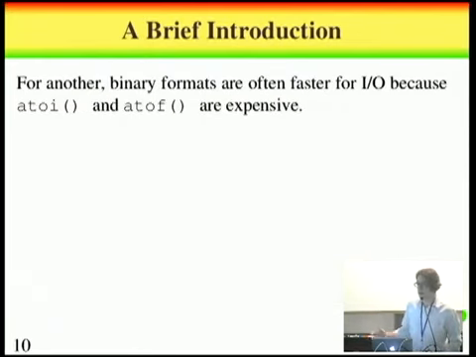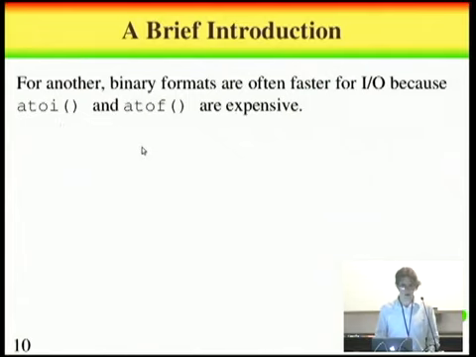The other reason why storing numerical data in a binary format is superior is that these string to integer or string to float functions are actually very, very expensive. They're not the simplest algorithms in the world. They're not overly complex either, but they do take a lot of time if you have to run this code for every single data point.